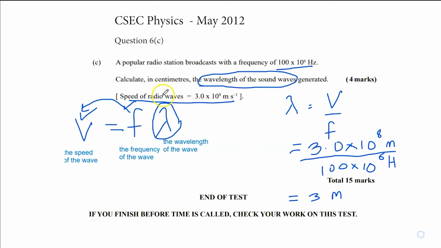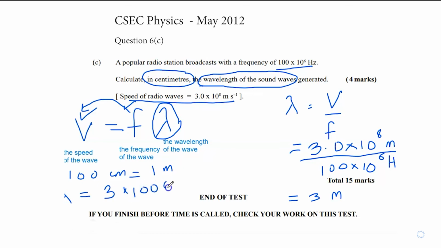However, we have to actually calculate an additional piece. We want to calculate in centimeters. Recall 100 centimeters is equal to 1 meter. Therefore, the wavelength lambda is equal, we have 3 meters, so it's 3, and because 100 cm is equal to 1 meter, we multiply by 100 centimeters here.